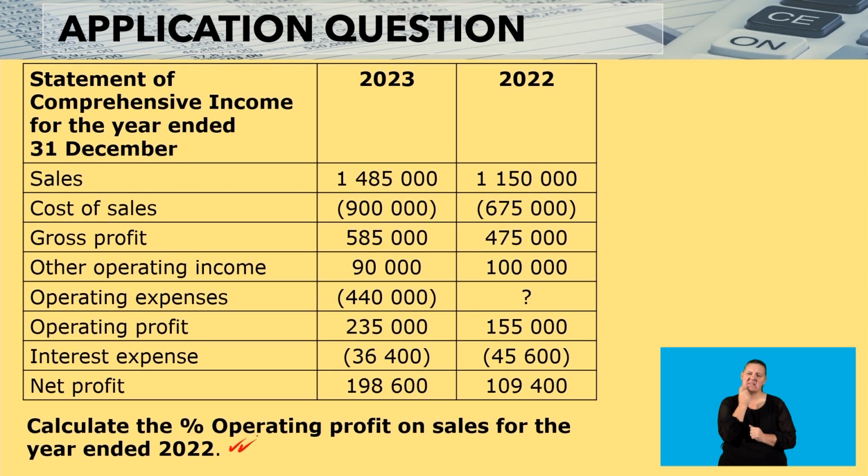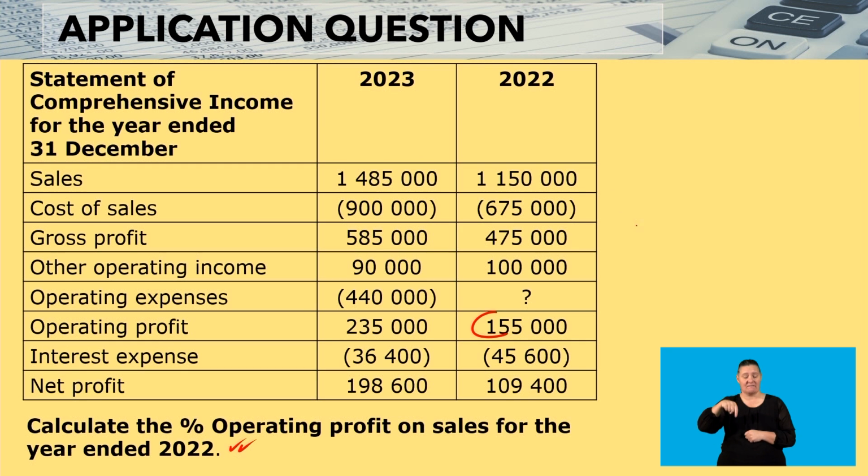This should be very easy because I know the formula for the percentage operating profit on sales. I need my operating profit. I know my operating profit for the year 2022 is 155,000.